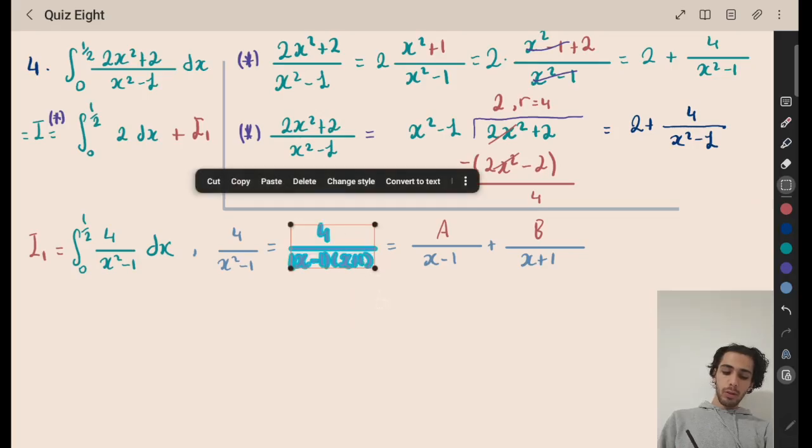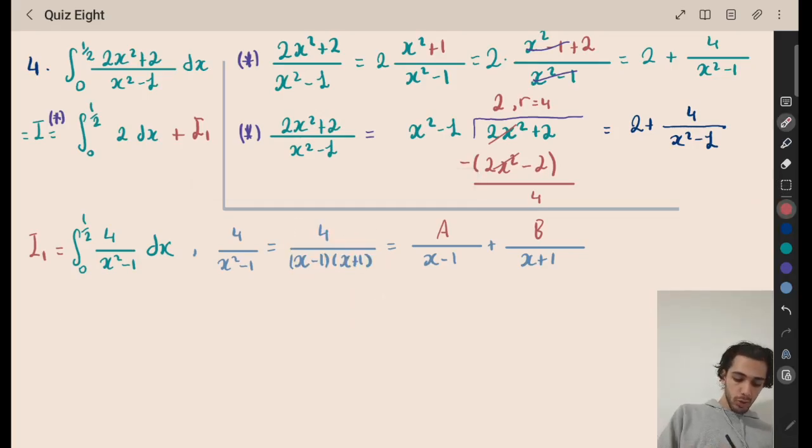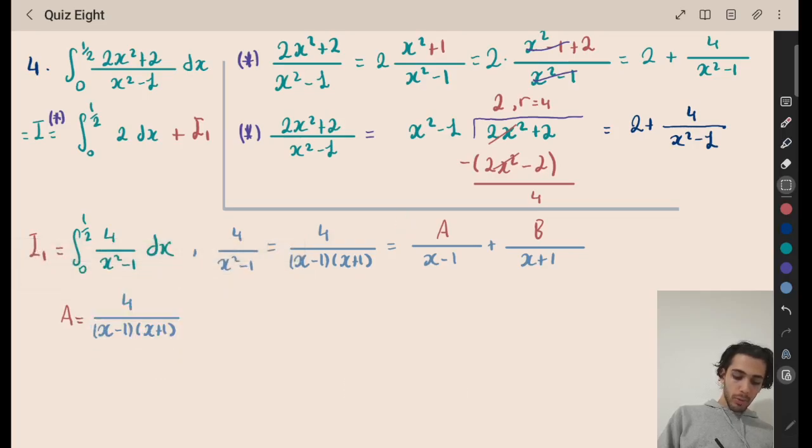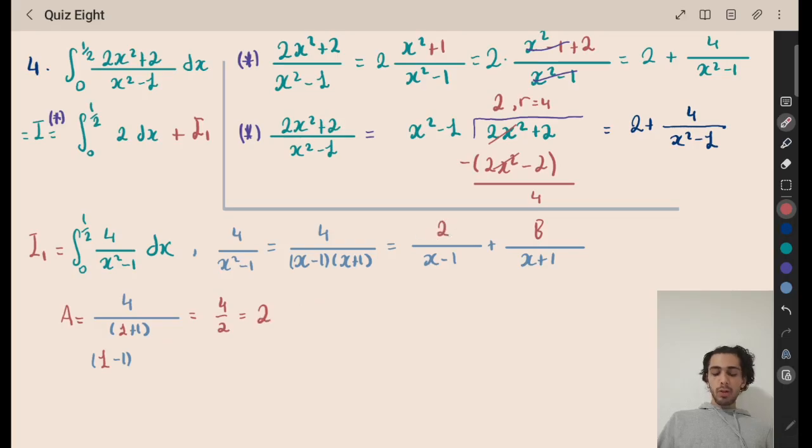So I'll write this down explicitly. A is 4 over 1 plus 1, so 4 over 2, which is 2. So with full confidence, I can say this is going to be 2.